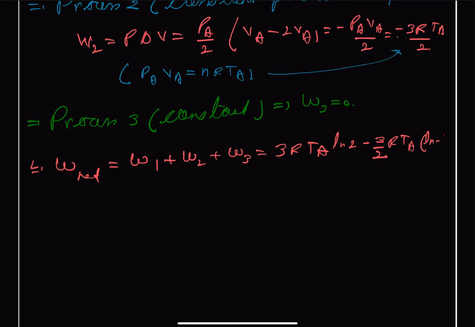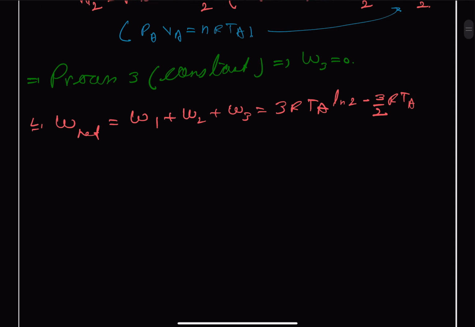Taking some things as common, this will be equal to 3RTA times natural log of 2 minus 1 by 2. So this is our net work done.